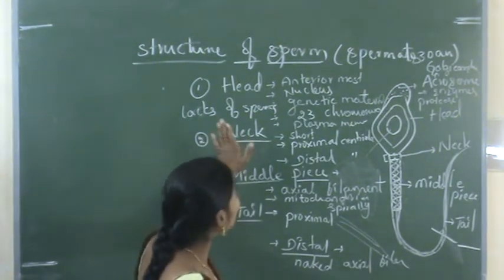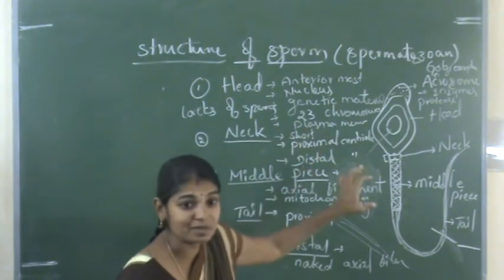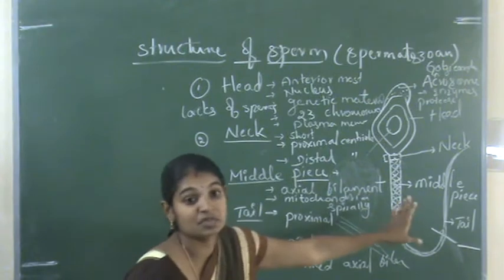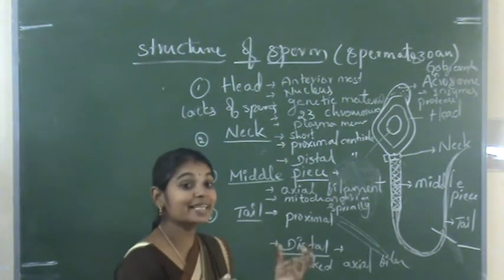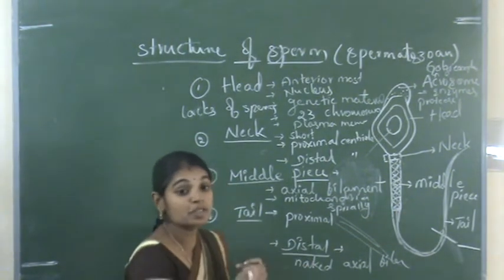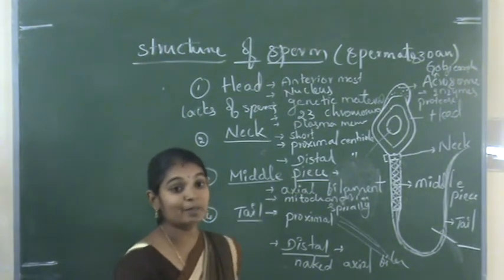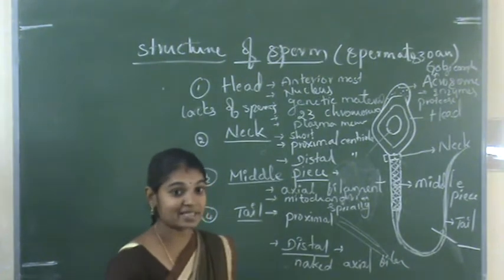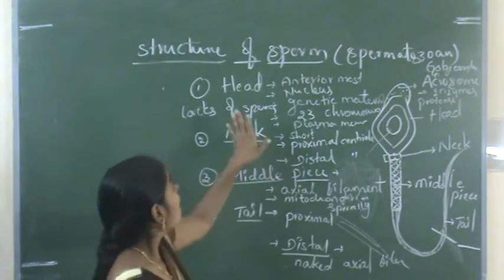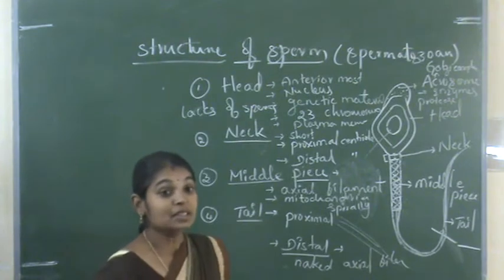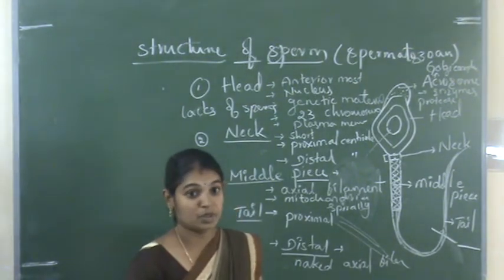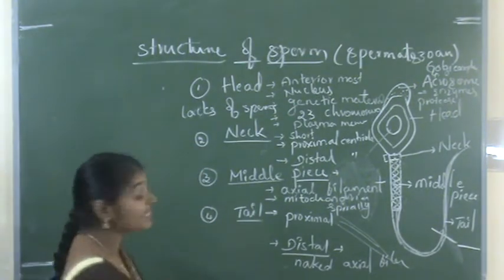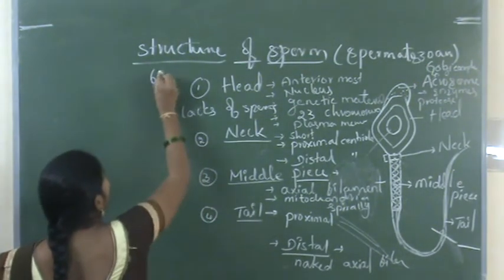Out of these some lakhs of sperms, only one sperm fertilizes the egg. There is a competition among these sperms, and only one sperm reaches the egg, and that sperm only fertilizes the egg. And out of this, for the fertilization with the egg, nearly 60% of the sperms.